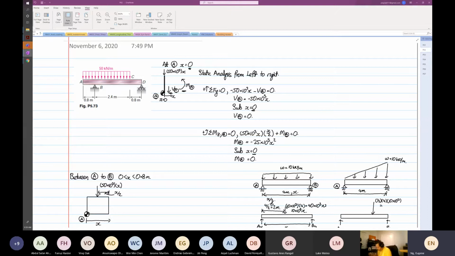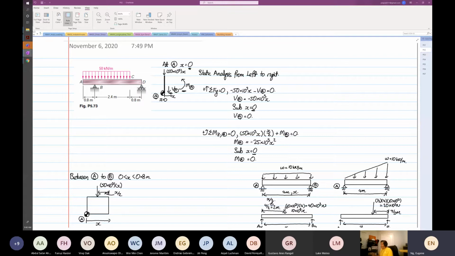So the equivalent load over here is equal to 20 times 10 to the power 3 Newton. And the distance from here to here is equal to 4/3 meters. So why? Because we have a distance over here as 4.